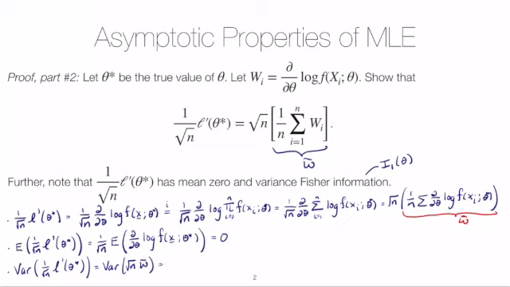Well, we know constants come outside of the variance squared, so that square root of n will come outside of the variance as n, and this is the variance of W bar. So n times the variance of now 1 over n times the sum of the derivative with respect to theta of the log of the marginal distribution function.